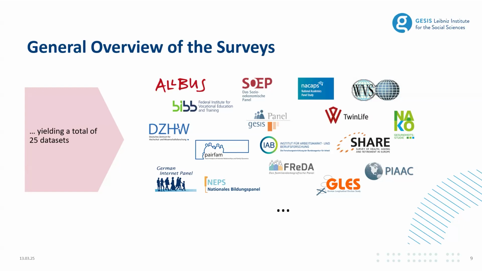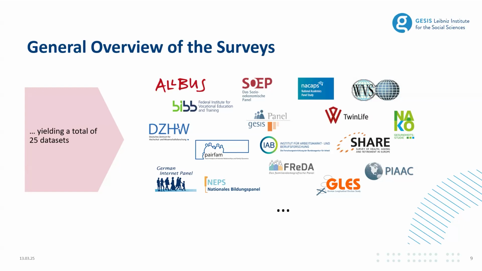And then for each of these 25 data sets, we systematically extracted a range of descriptive information. That information related both to general aspects of the survey program, but also more specifically to the measurement of the Big Five, so that researchers can easily retrieve this information to generate their own research questions.